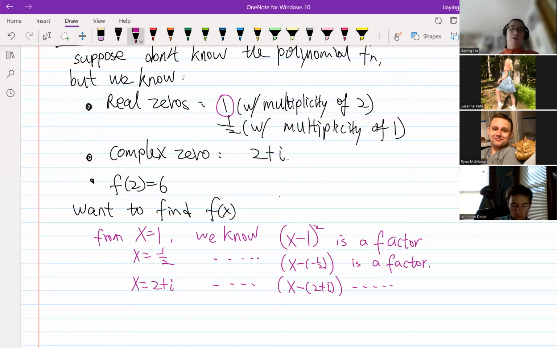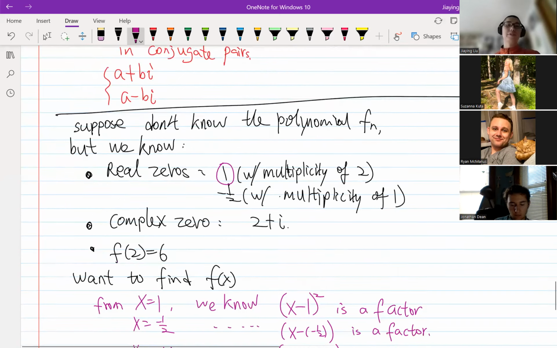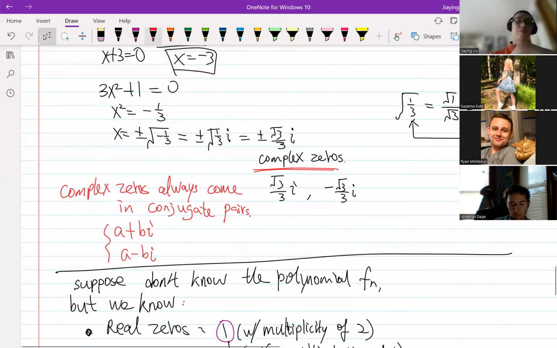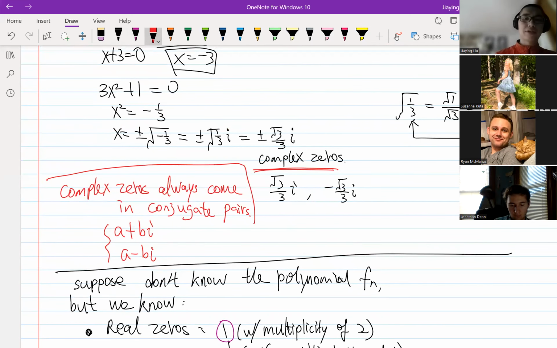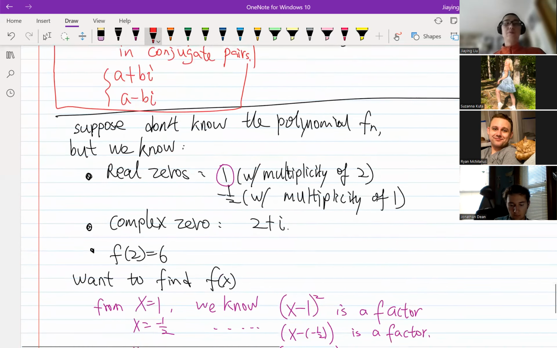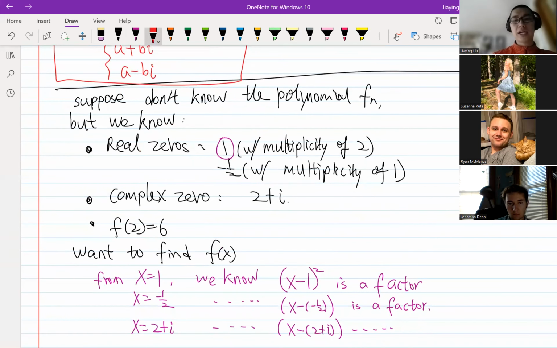Well, is that all? No, it's not, because there's actually another zero that's not written, but it's there. This goes back to what I wrote earlier in red: complex zeros always come in conjugate pairs. So if you have one complex zero, there must be another one. Here we have x equals 2 plus i, so 2 minus i must also be a zero, even though it's not given.